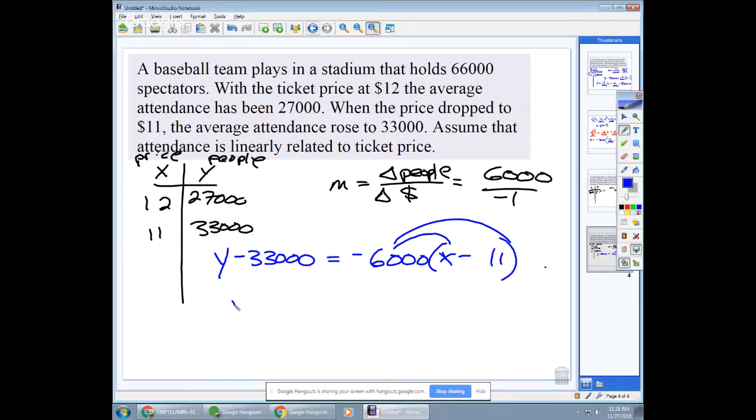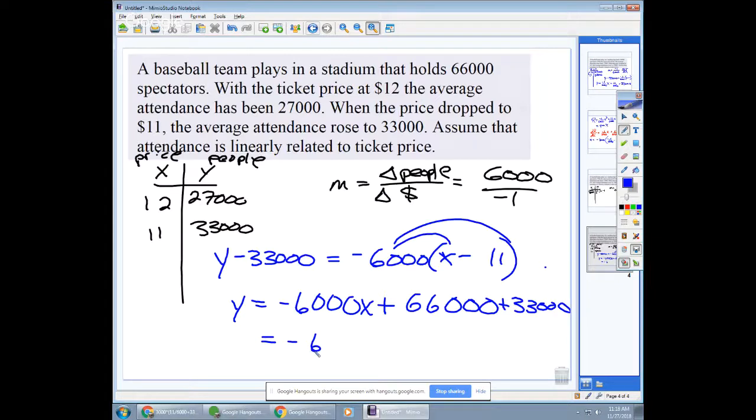All right, so trying yet again, Y equals negative 6,000 X plus 66,000 plus 33,000. So you get 99,000.